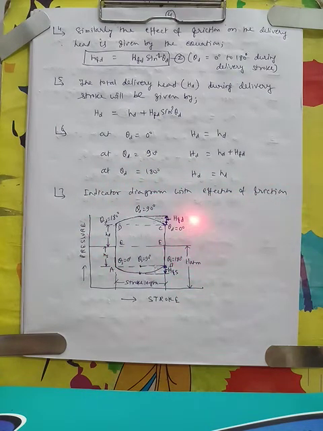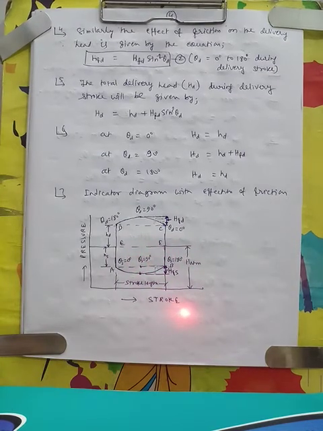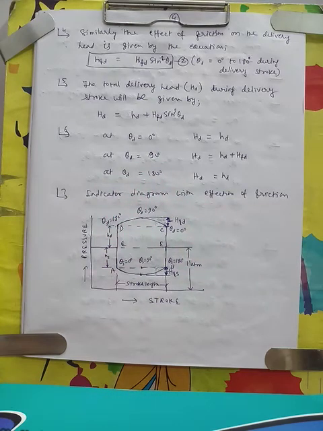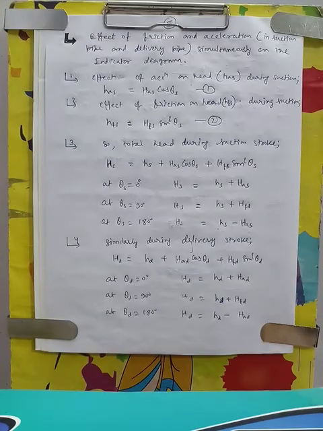So let us see if we add both effects to the ideal indicator diagram, the effect of friction plus the effect of acceleration, then what will the indicator diagram be?